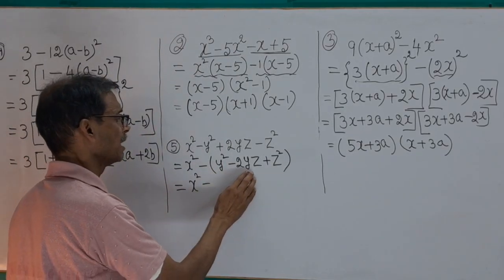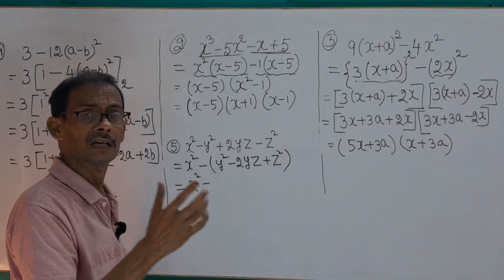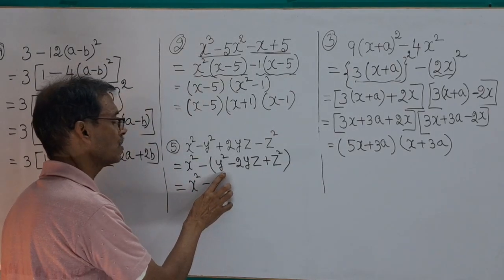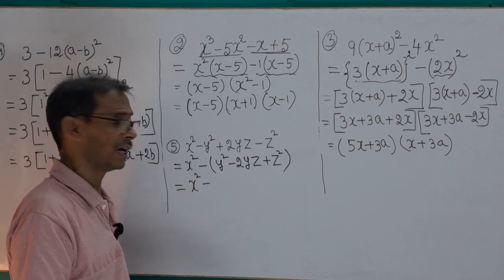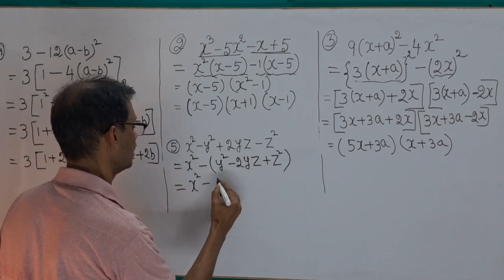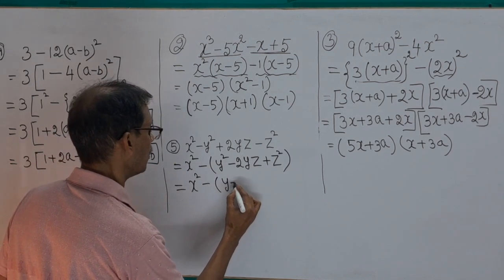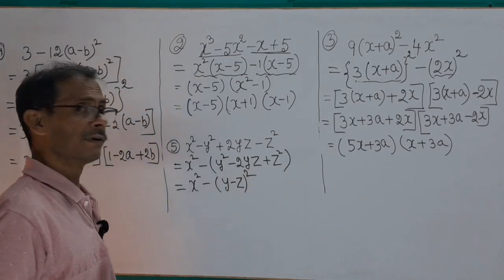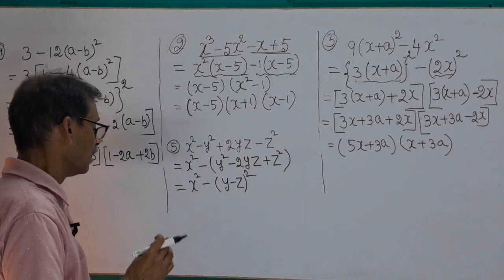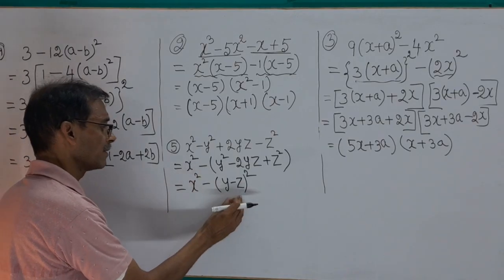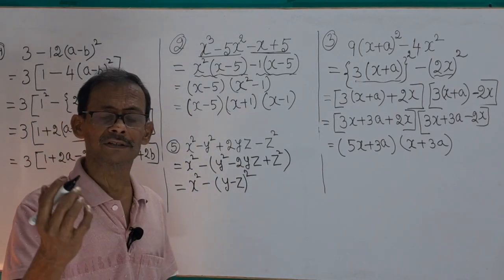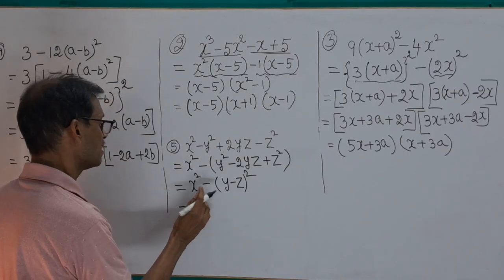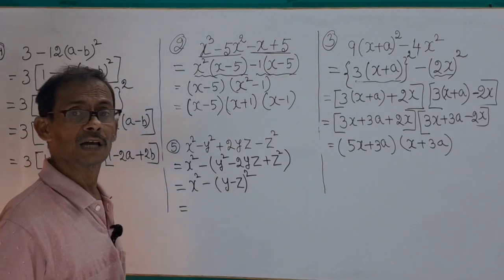Then a square minus 2ab plus b square comes a minus b whole square, so I can write y square minus 2yz plus z square as y minus z whole square. Will you agree with me? Okay. Now the first thing is square, minus the second thing is square. Now it comes to the a square minus b square formula. So a is x and b is y minus z.